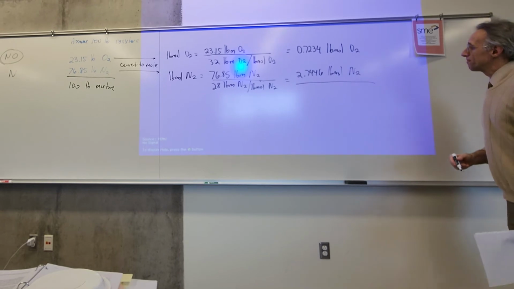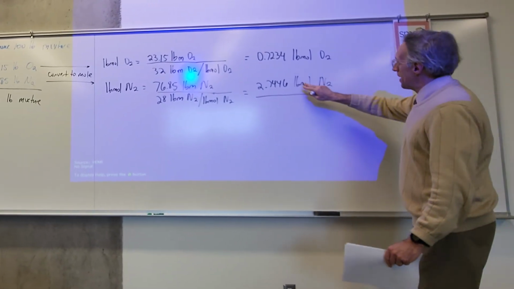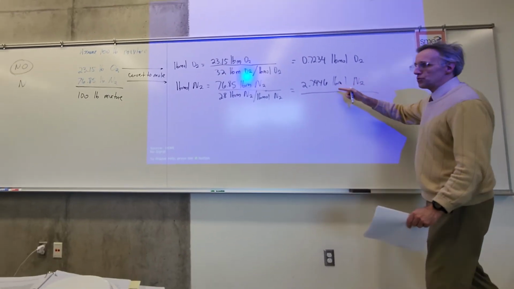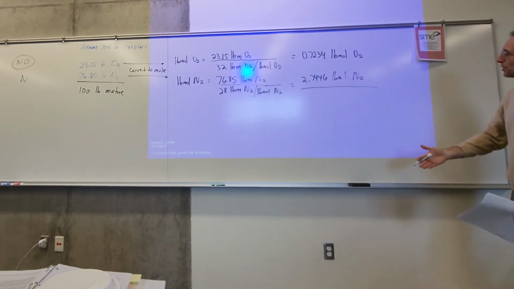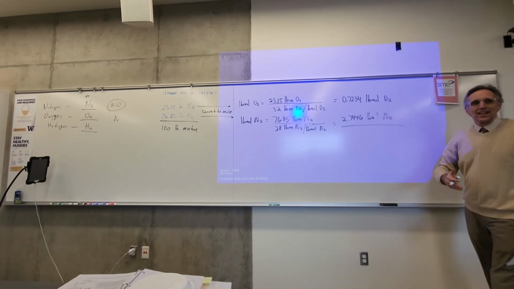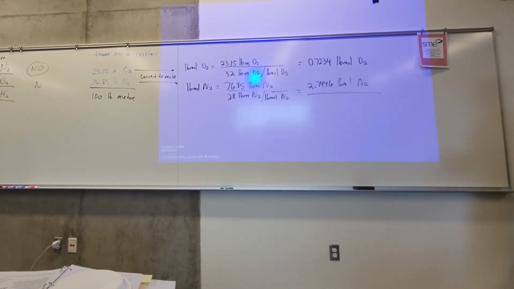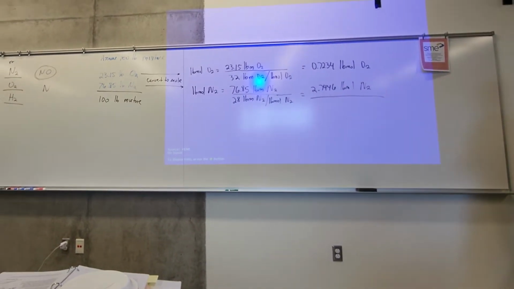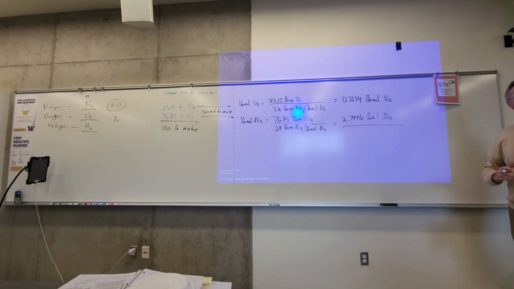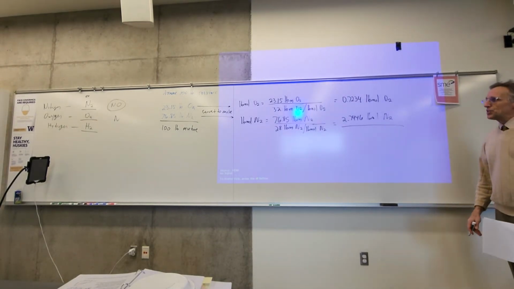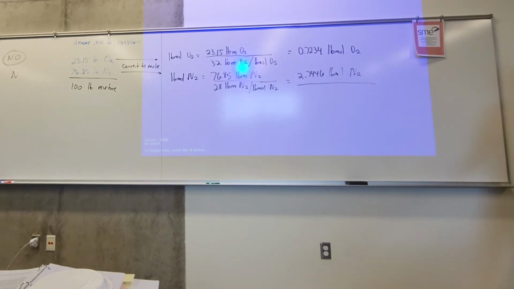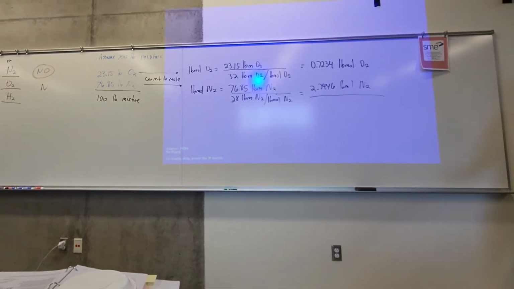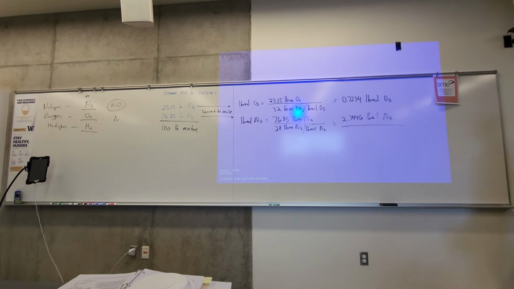Pound mass. I stopped using pound mass because we don't use the M in HVAC work. But because I teach thermo, we do use pound mass. And I like to make it clear, because it's easy to confuse pound mass and pound moles. If you just write pounds, it can be unclear. But in HVAC, we almost never use pound force, unless we're talking pressure, but then we just say PSI, PSIA.